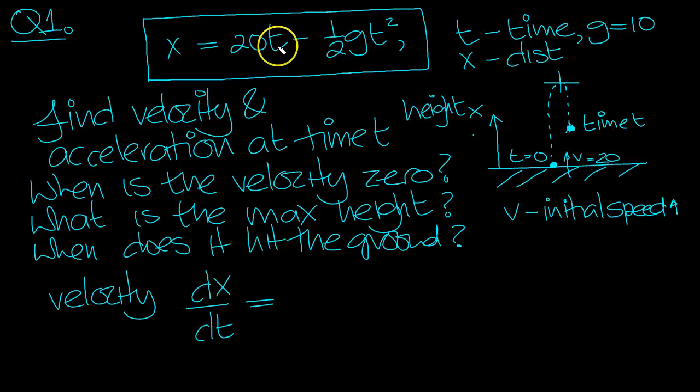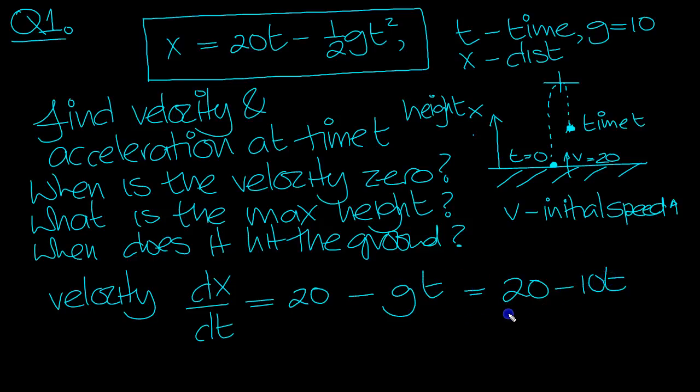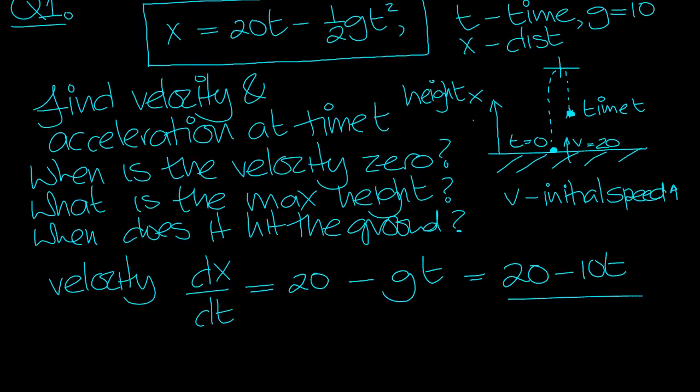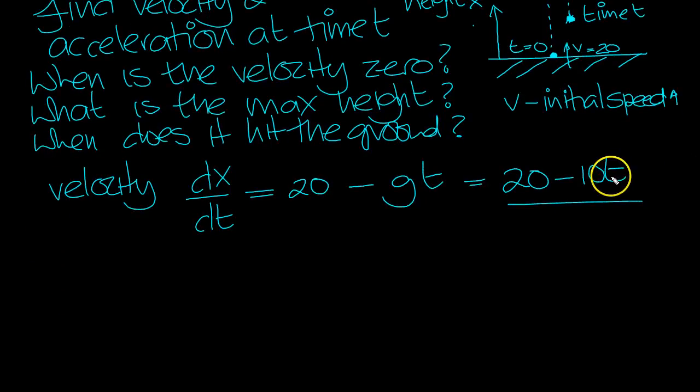So differentiate this, t goes to 1, doesn't it? So we've got 20 lots of 1 is 20. Minus, power rule, the 2 comes down to be with the half, 2 halves are 1, times t. G is 10, so we've got 20 minus 10t as the velocity. So you can see when t is 0, if you put it in here, the velocity would be 20, wouldn't it? Because you just get 20 minus 0.